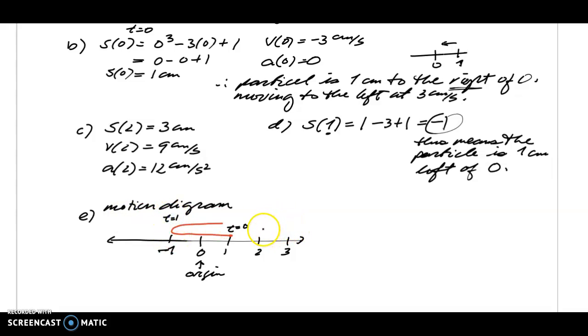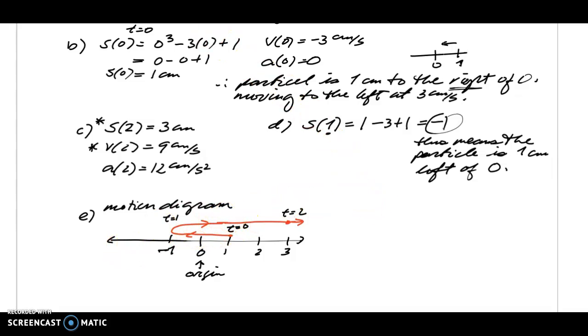And then at 2 seconds, you're at 3. So this is t equals 2, because you see that right here, at 2 seconds, it's at 3 centimeters. So the motion diagram is pretty satisfactory, right? So there we can see the turning point.